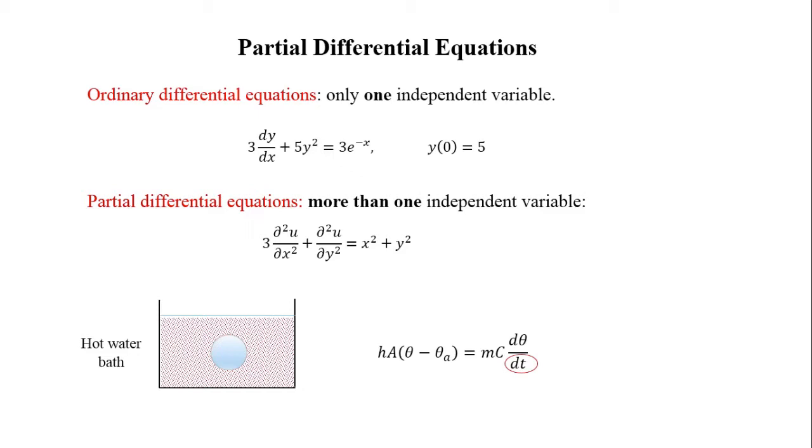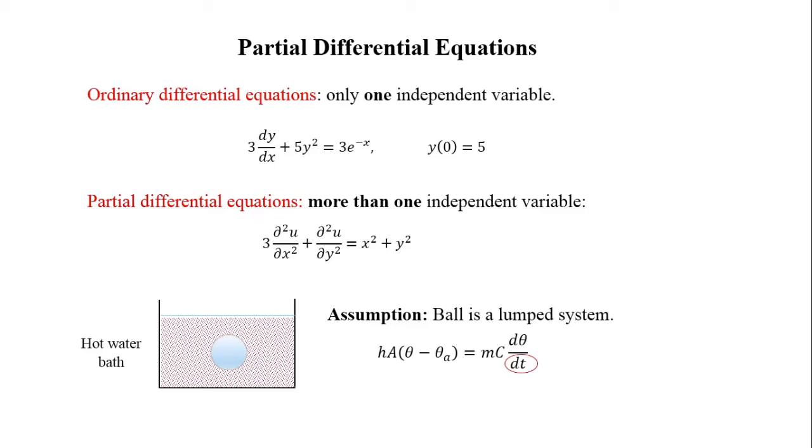That is, we are observing how the temperature of the spherical ball varies with time. This phenomenon depends on a number of parameters such as the mass of the ball, heat capacity of the ball, convective heat transfer coefficient between water and ball, surface area of the ball, and temperature difference between ball and water. It is important to note that we can represent the heat transfer phenomenon using this equation only under the assumption that the ball is a lump system, which means that the temperature of the ball is not a function of space.